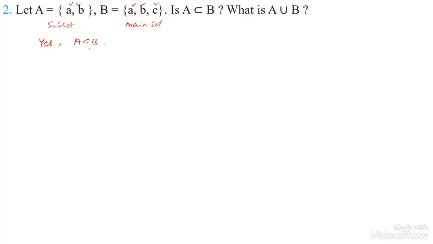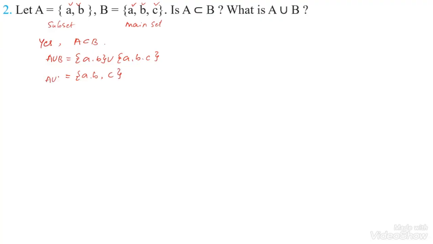Now, what is A union B? We have to calculate A union B. What are the elements in A, which is a, b, and union of what are the elements in B? a, b, c. Okay. Then a, b. Here a, b is already there. That is c. Okay.